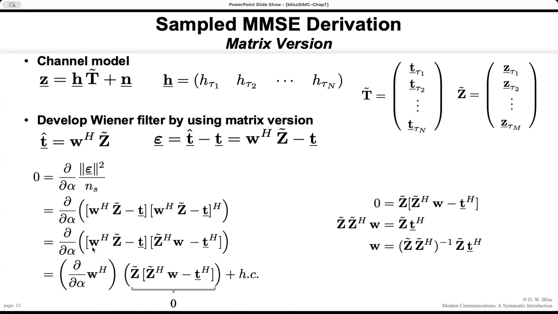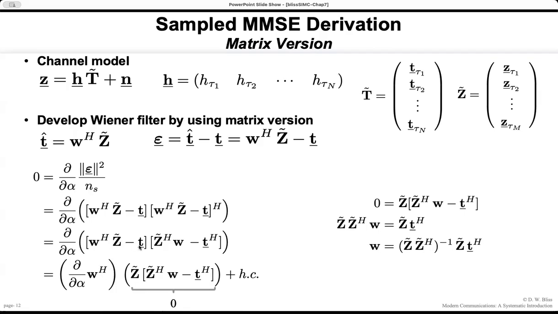All right. So once again, doing the chain rule, we can take the derivative of W Hermitian with respect to alpha, and that will then leave us with a Z. Z doesn't have any alphas in it, but it's multiplied by the W, so it survives.